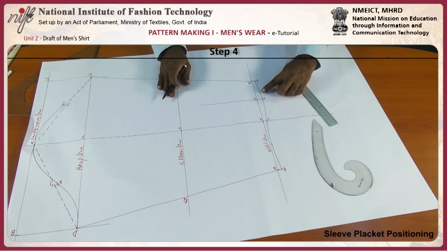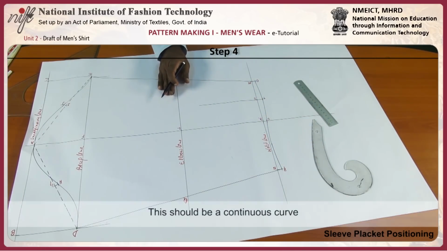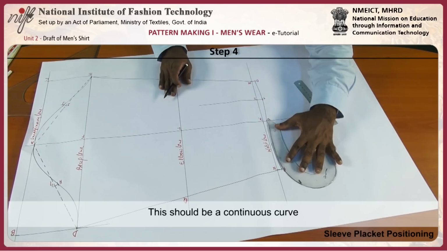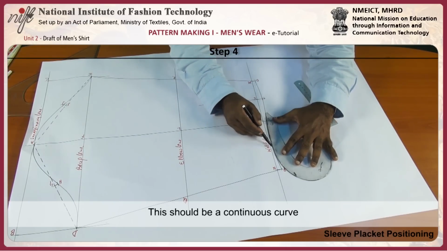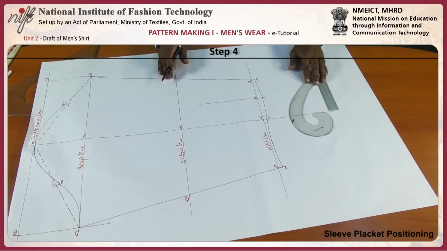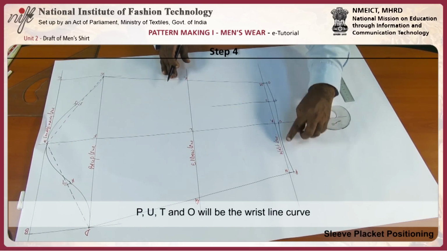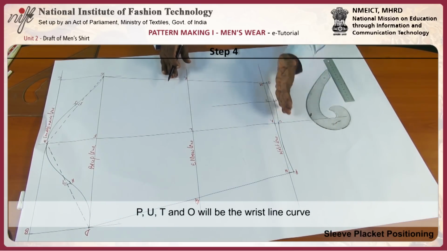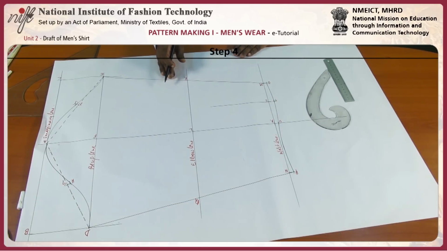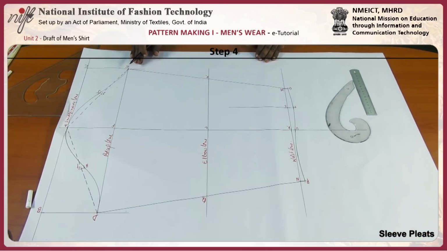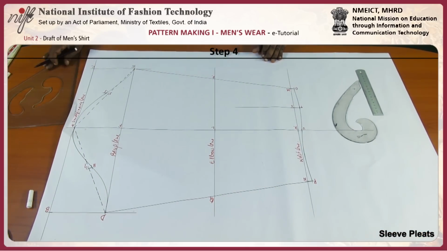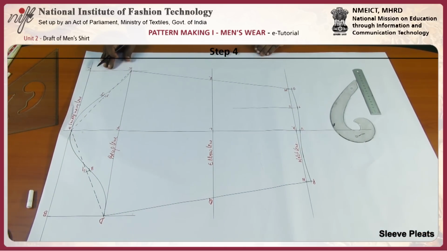See, this should be one continuous curve. P, U, T, O will be the wrist line curve. Now let us move to placing the sleeve pleats.